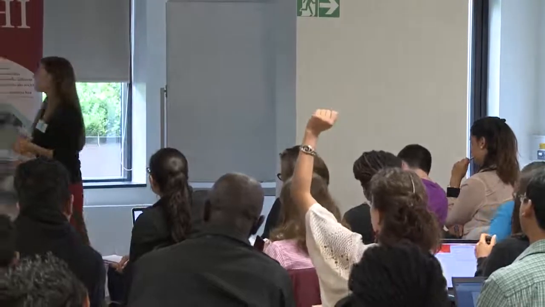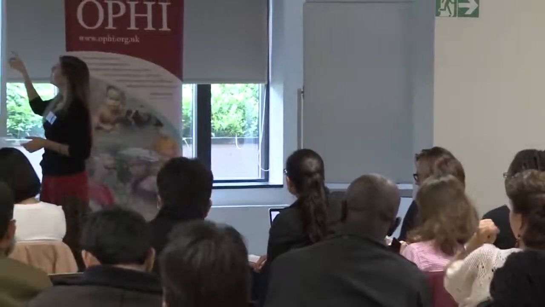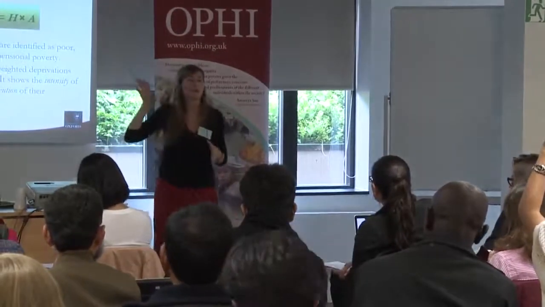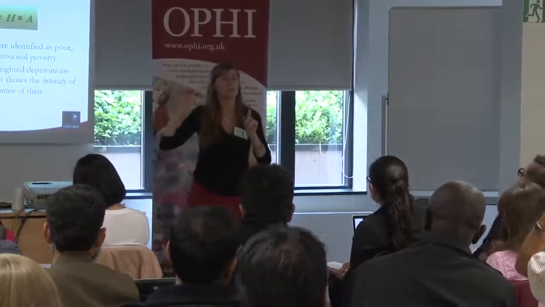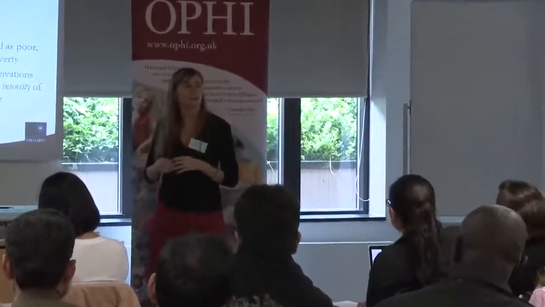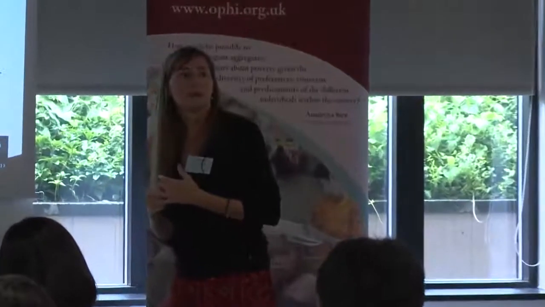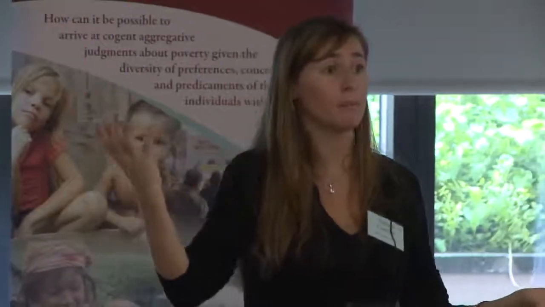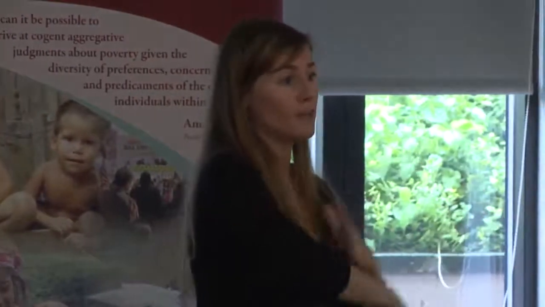Now, what's the minimum value for A? What do you think would be the minimum value for A? A could be 100% if all the poor are deprived in everything, then the average would be 100%.